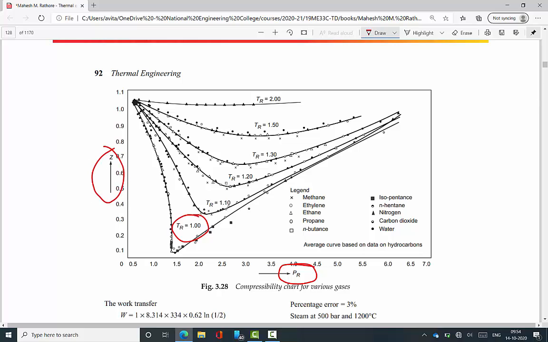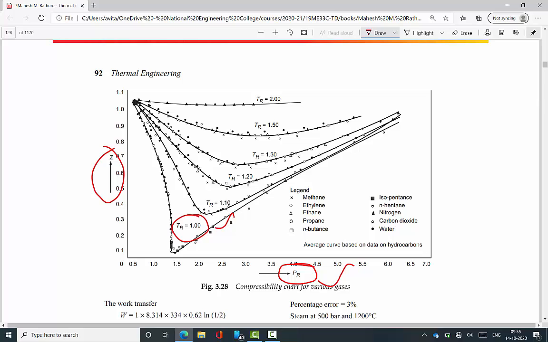With the help of PR and TR, we find the Z value. The Z value varies from near 0 to 1.1, though the maximum is not reached. The compressibility factor may be greater than 1, but in most cases it is less than 1.